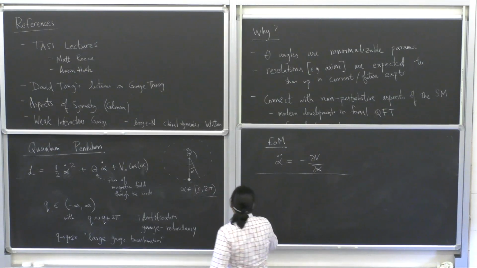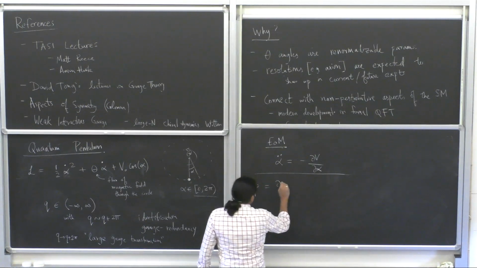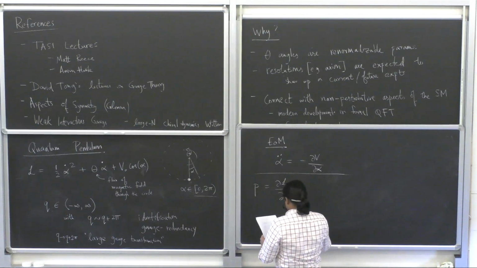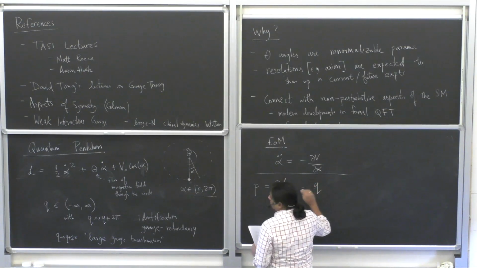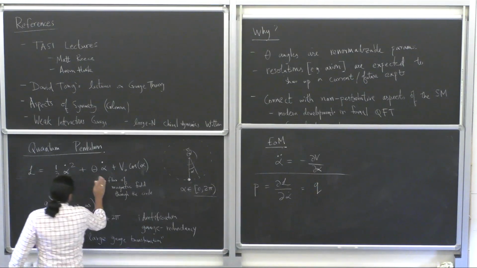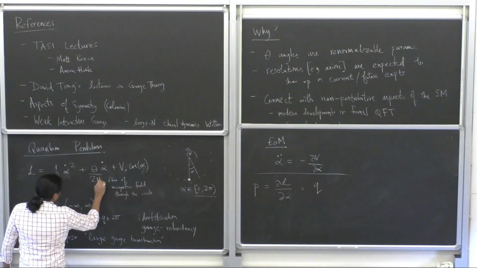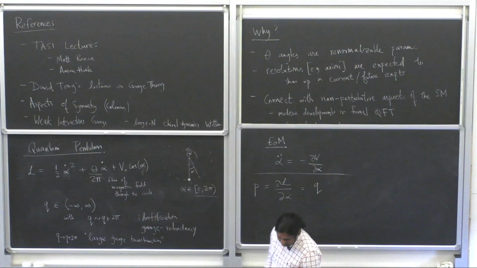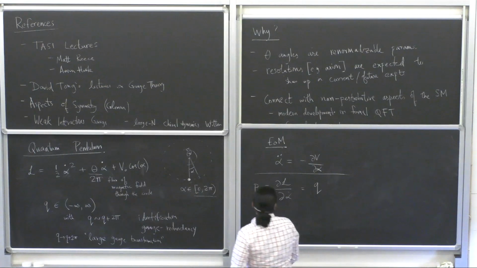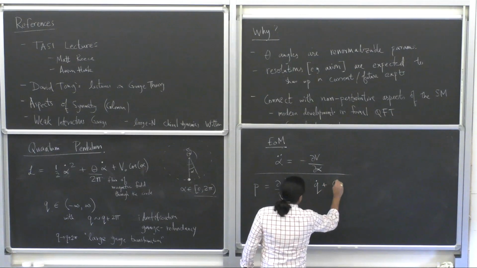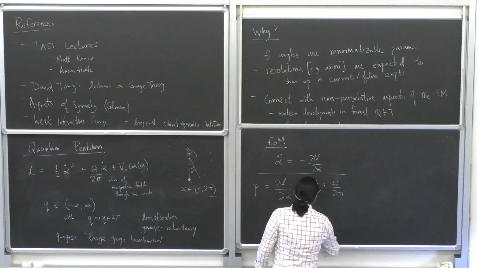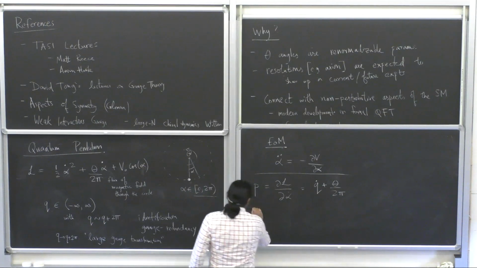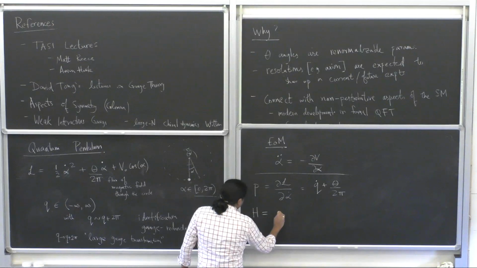So if we construct the momentum operator, let me be careful at least about the 2 pi's. The momentum operator looks like this, and so we can construct the Hamiltonian just using canonical formalism.